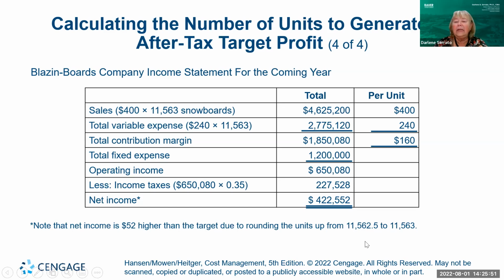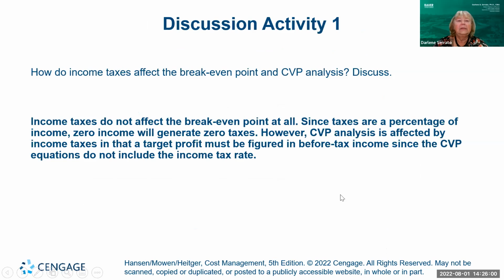Okay, so rounding is the reason we're not exactly equal to 422,500. So how do income taxes affect the break-even point and CVP analysis? Okay, so it doesn't affect the break-even point because break-even is before tax.